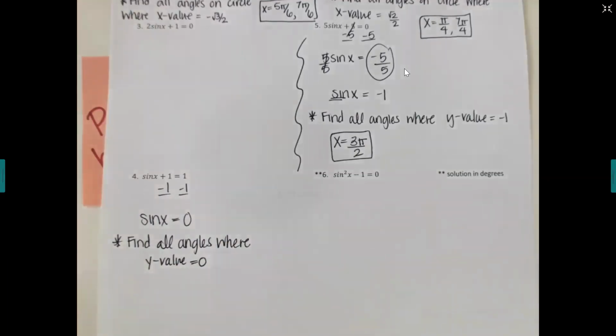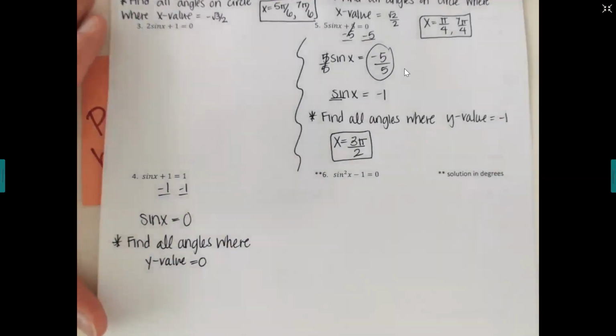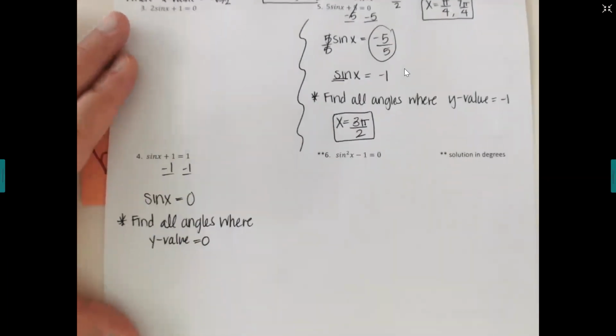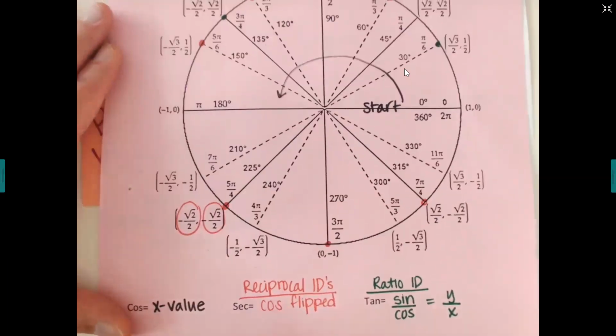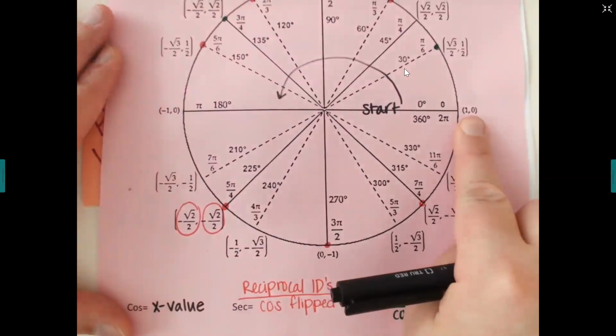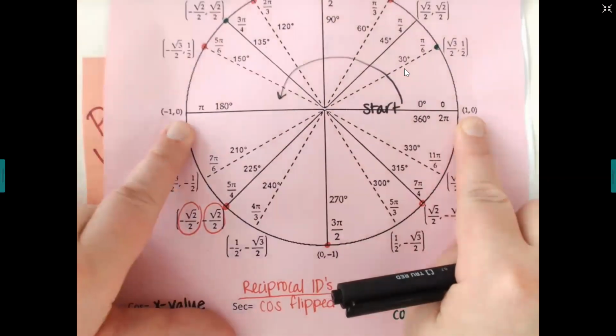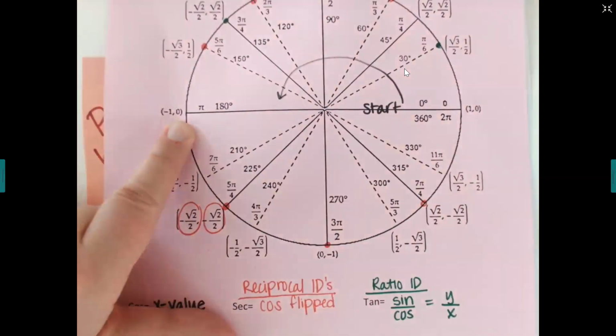Okay, look on your circle. For a y value to be 0, I don't want to go up or down off the x-axis, I want to stay right on the x-axis. So let me put my circle up here. I'm looking for a 0 as a y value. You should see two places where that happens: at 1, 0 and at negative 1, 0.